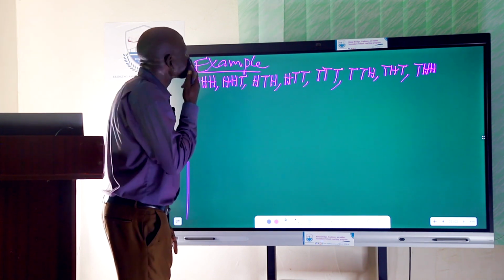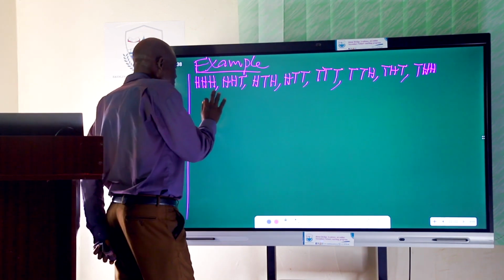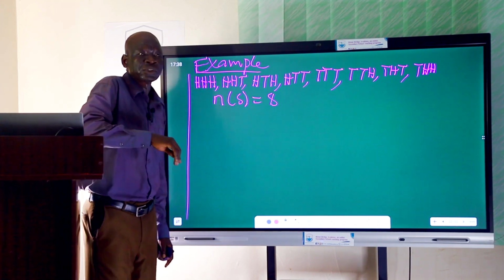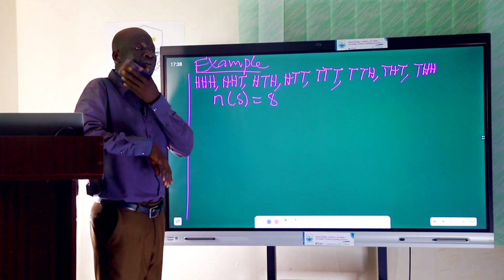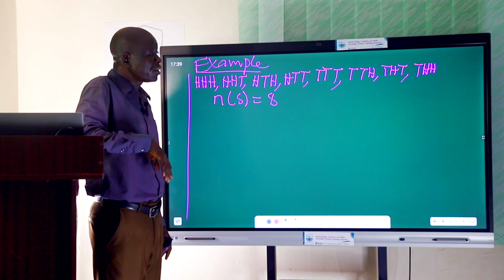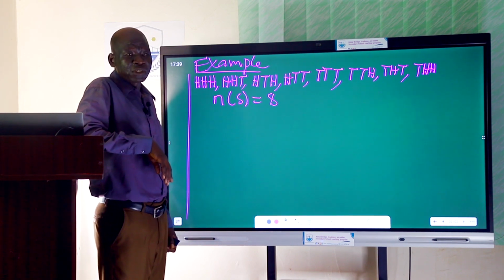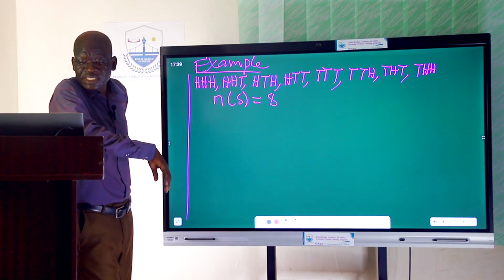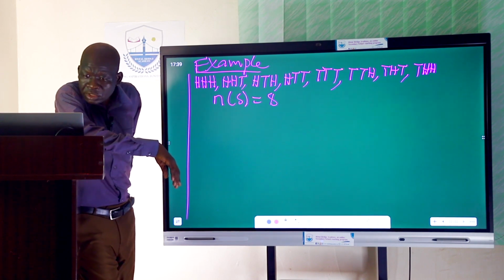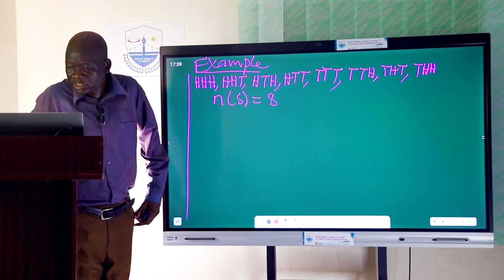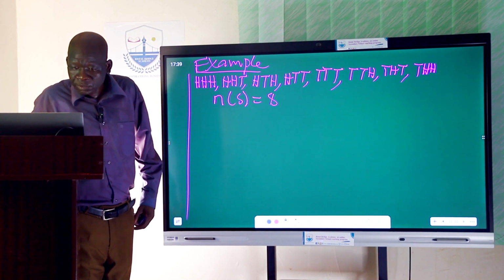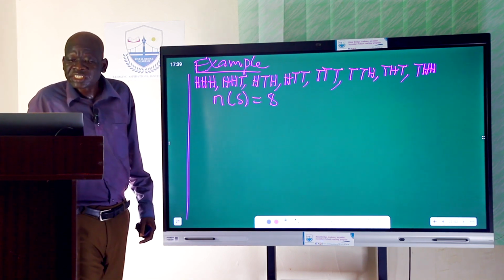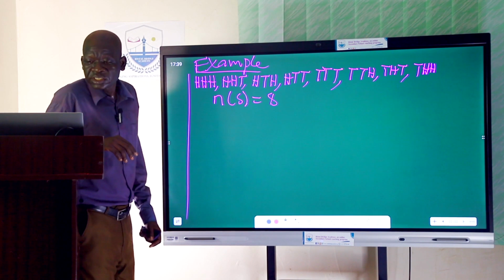So meaning that in this case, the number of sample space is equal to 8. After getting the number of sample space being equal to 8, remember the question was saying, find the probability of getting 2 heads when an ordinary coin is tossed.